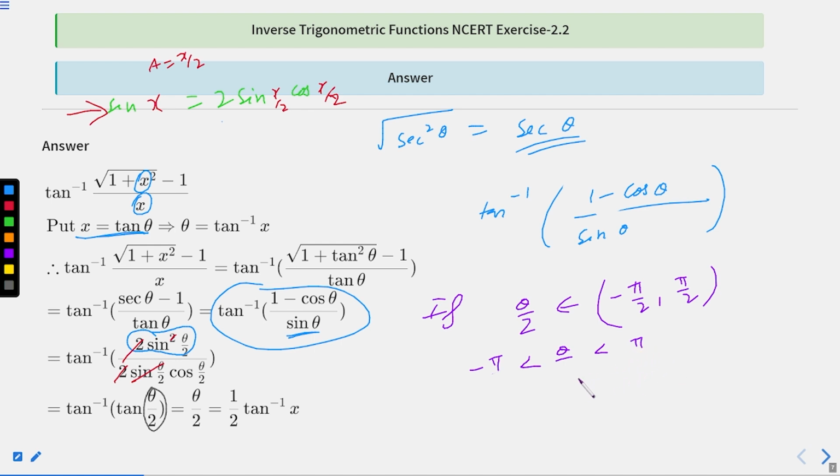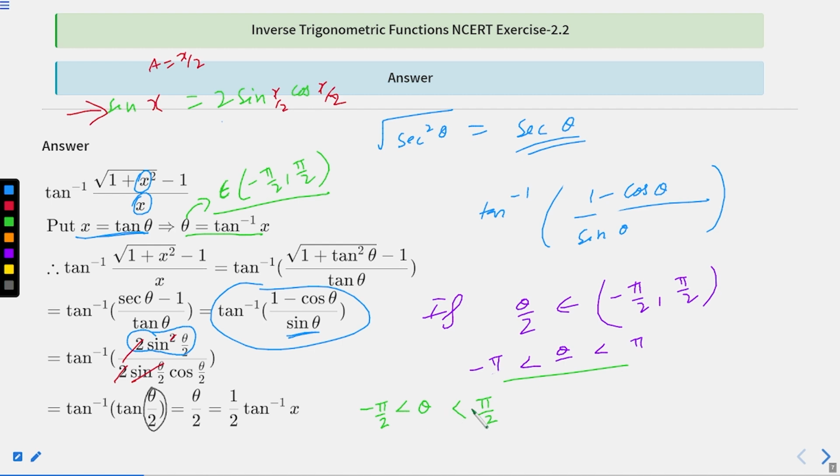And from here also your theta must belong to minus pi by 2 to pi by 2. So with this information, in total your theta is greater than minus pi by 2 but smaller than pi by 2.